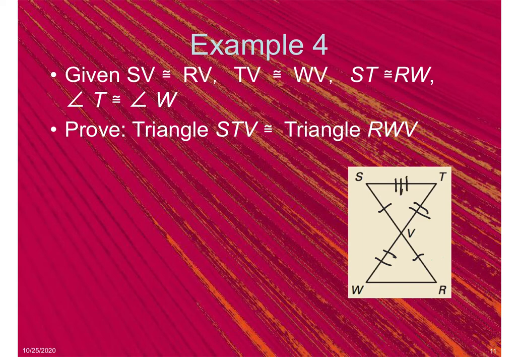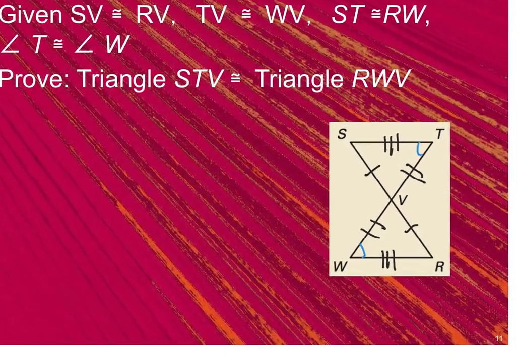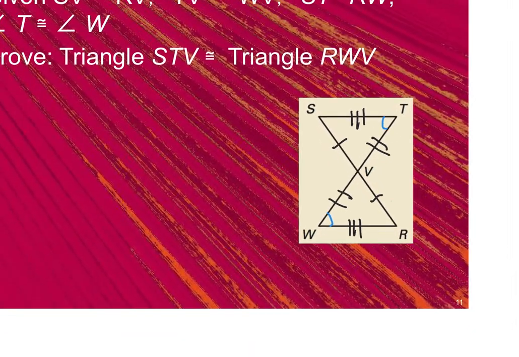ST is congruent to RW, and angle T is congruent to angle W. So we've got 3 sides, so we don't need to prove any of the other sides, but we do need to prove that angle WVR, that's this angle right here, is congruent to SVT. And we also need to prove that angle S is congruent to angle R, okay?